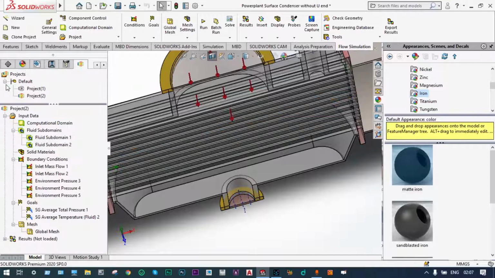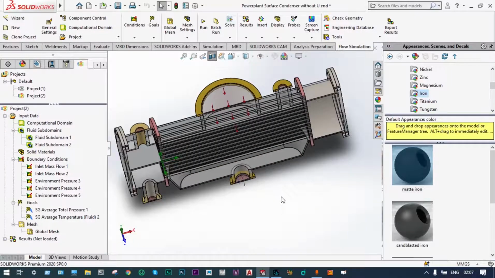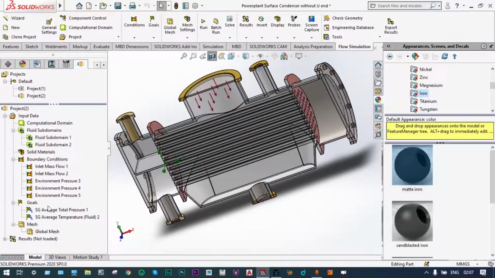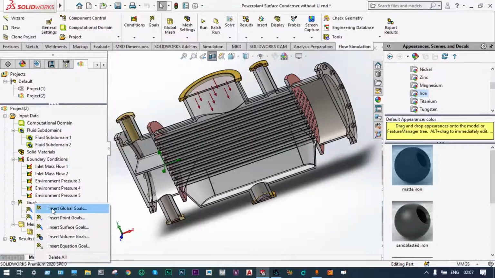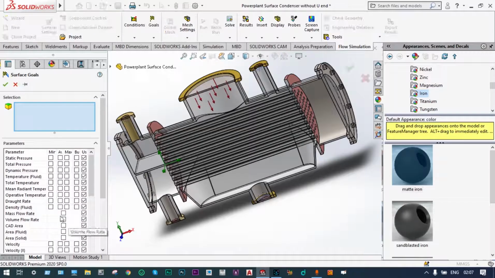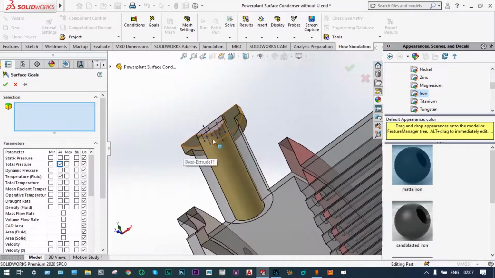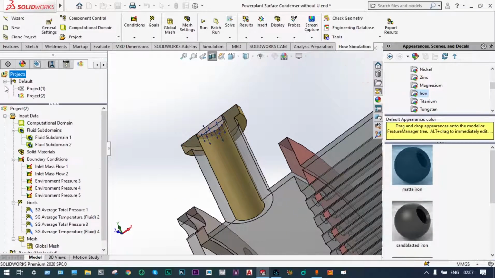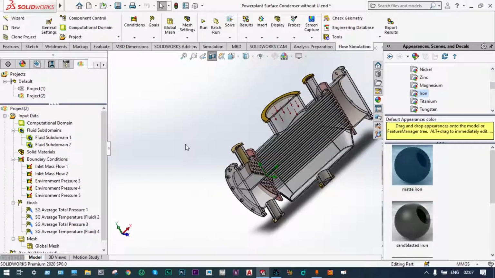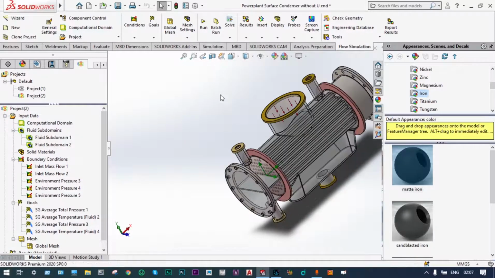Green check. 2 more surface goals are needed. So insert surface goals. It will be average temperature of fluid and average total pressure at the exit of cold water. Green check. So all the goals have been applied properly.